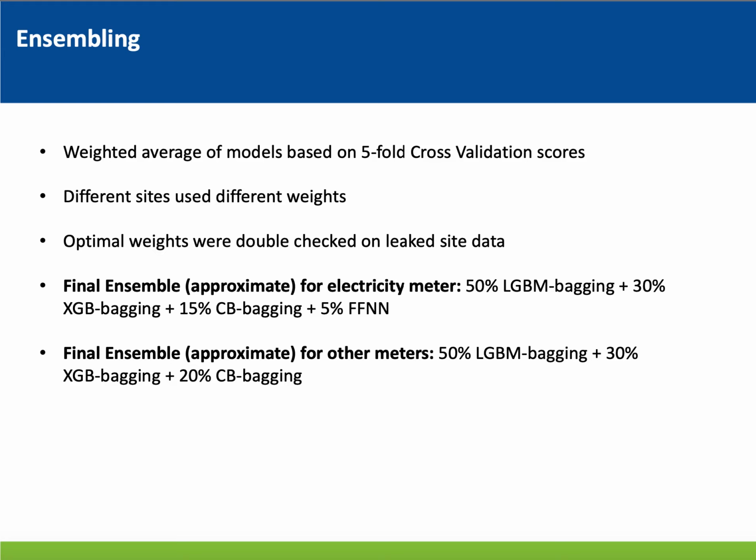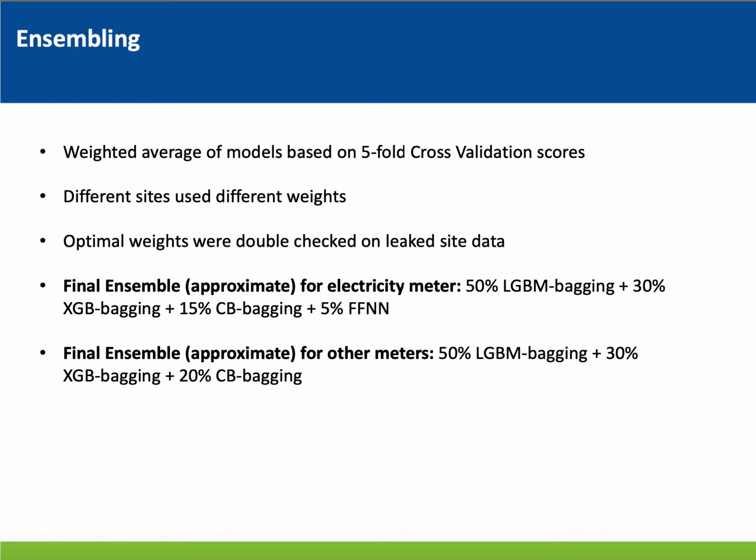Finally, we had to combine all these predictions from various models. So we used a weighted average for different sites based on our 5-fold cross-validation scores. We broke it down into two major parts. One was for the electricity meter because we had the feed-forward neural network predictions only for electricity.